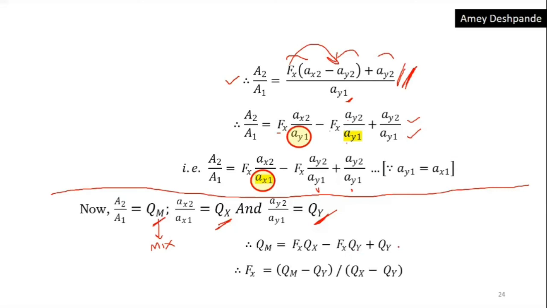Now, if I rearrange this such that I have Fx on the left hand side, Fx is common here, you can take that Fx common, so in bracket you will have Qx minus Qy. You can bring this term Qy on the left hand side, so it will become Qm minus Qy. So Fx will be equal to Qm minus Qy divided by Qx minus Qy. Write down till here.